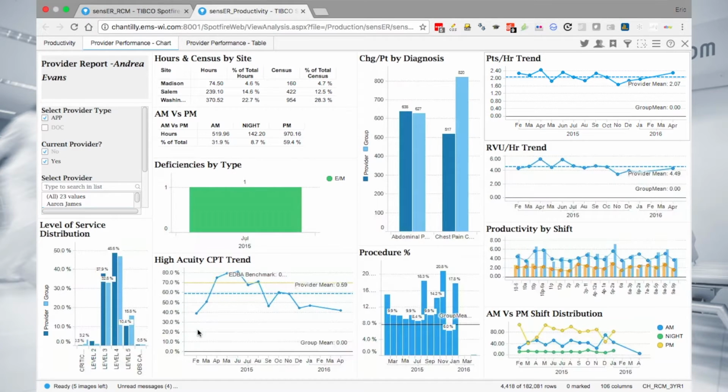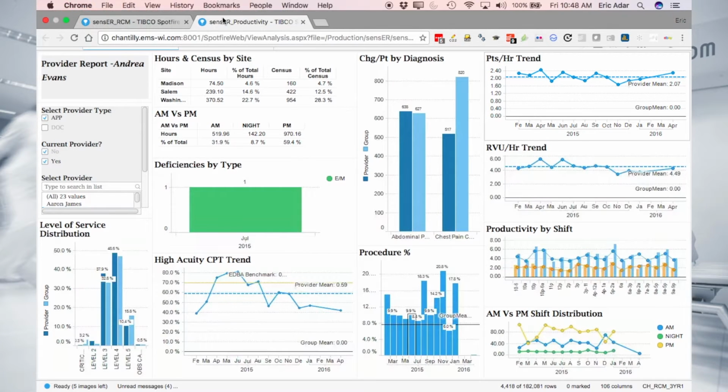And we use the EDBA published benchmarks for high acuity CPT to provide comparison for group, provider, and composite performance when it comes to high acuity CPT. Particularly for APPs, we're interested in how many procedures they're doing, and their patients who required procedures as a percent of total is represented here with a monthly trend as well as the group comparison.